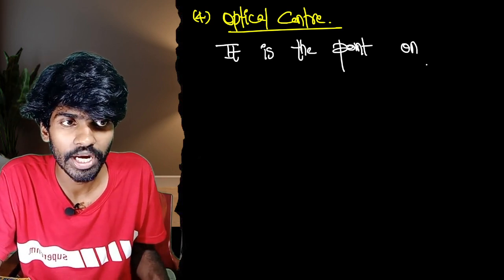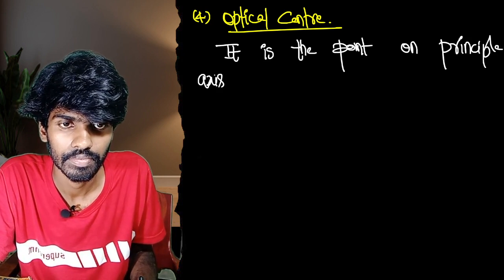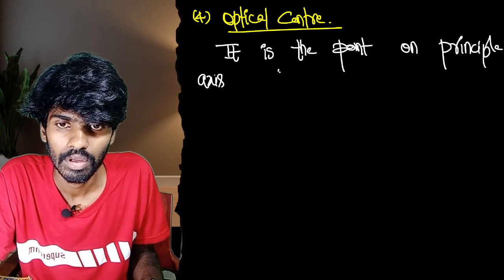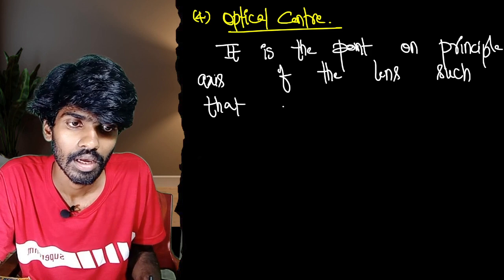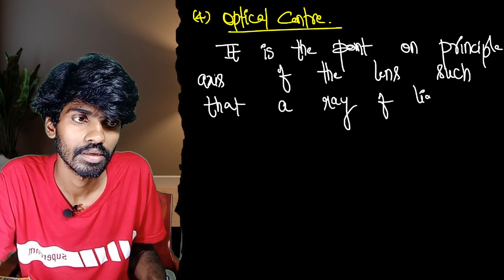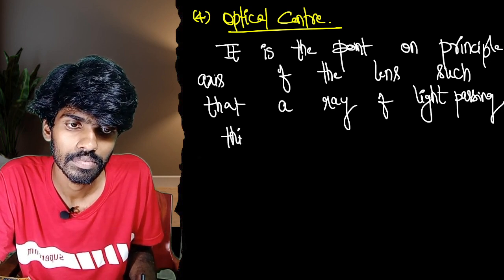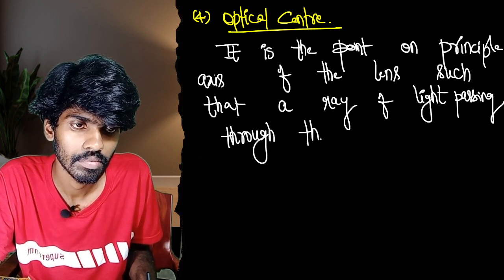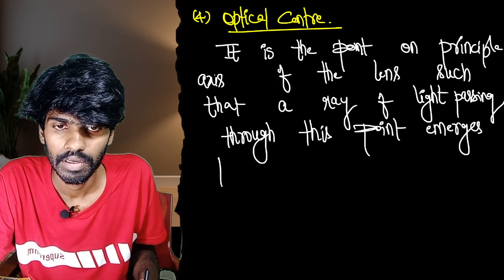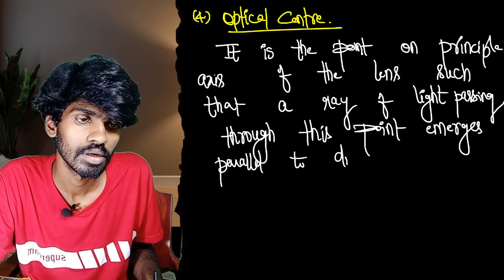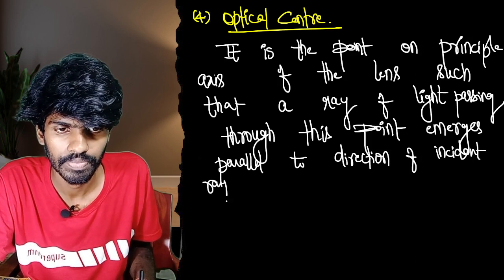Okay, so you can write it is a point on the principal axis of the lens such that a ray of light passing through this point emerges parallel to the direction of the incident ray. Okay, what does it mean?